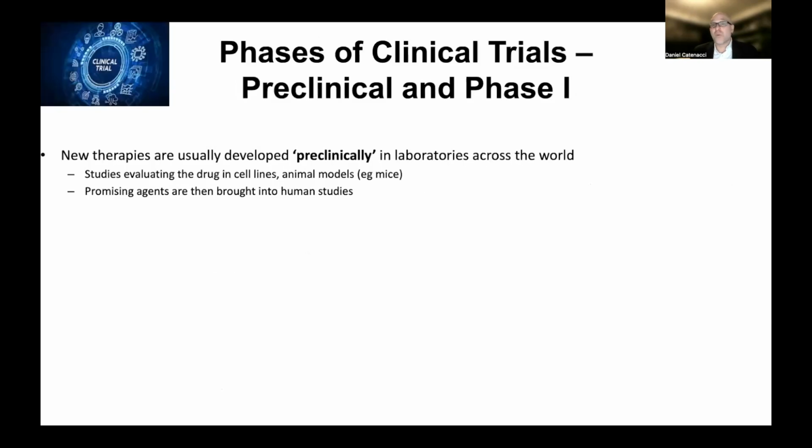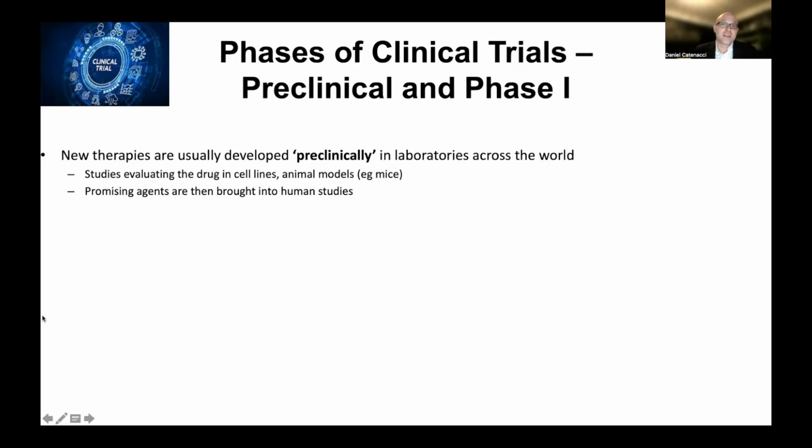So before we even get into clinical trials in patients, we usually have therapies that are being assessed, what is referred to as preclinically, before they get in the clinic, before they're administered to patients. And these are in laboratories across the world that can be, again, the academic center laboratories and government institution laboratories and pharmaceutical company laboratories, evaluating the biology of cancer and designing new therapies based on what is learned.